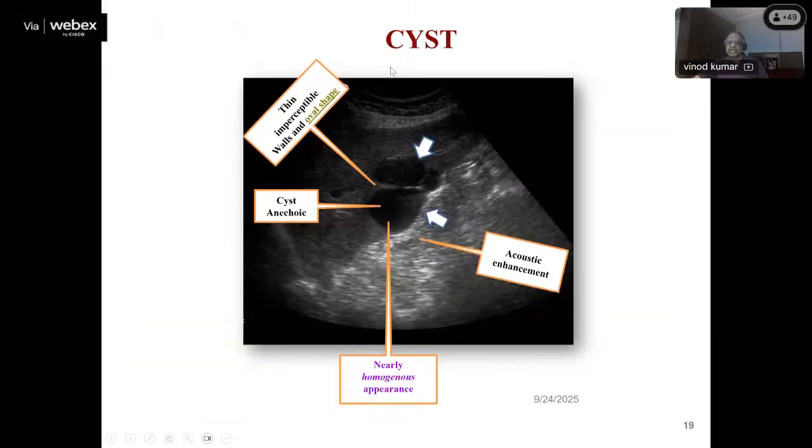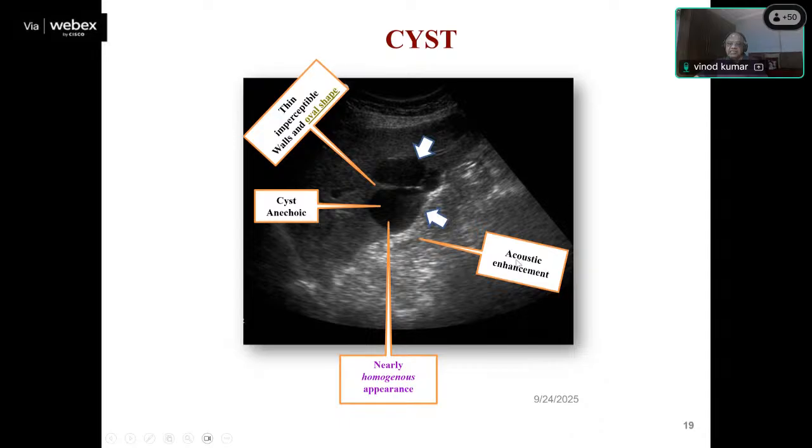Say we take the types of tumor one by one. In case of cyst, this is the black portion. A cyst is anechoic, a black area.